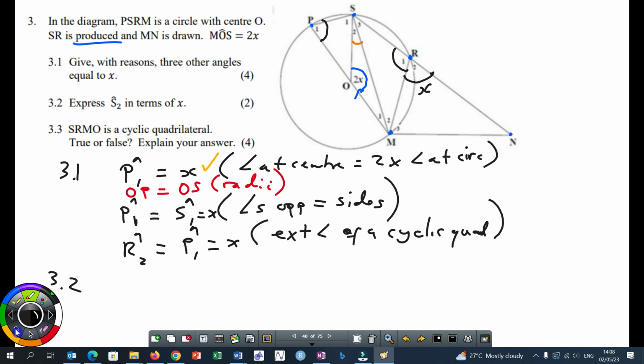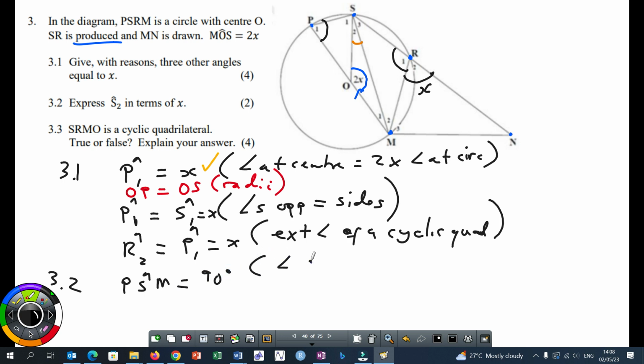Okay. There are two ways of getting the value of S2. Two ways. Do you agree with me that PM is a diameter? Yes. An angle subtended by a diameter at the circumference is equal to what? 90 degrees. So S1 plus S2 is equal to 90. So we can write here and say PSM is equal to 90.